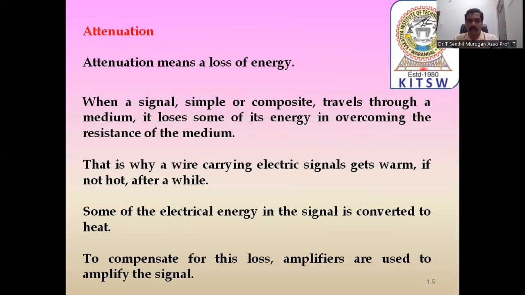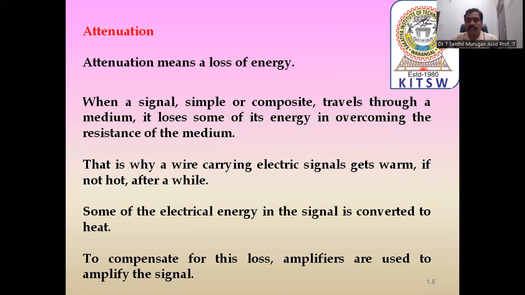First one, attenuation. What is attenuation? Attenuation means loss of energy. If there is energy in the signal, it will be reduced, or some losses may occur. That loss of energy is called attenuation.